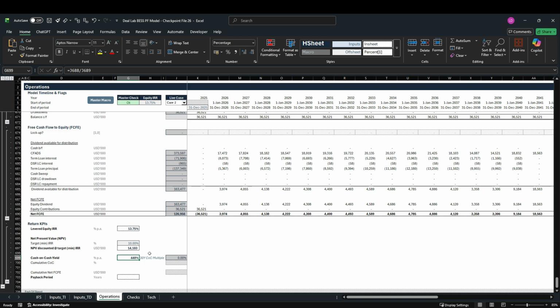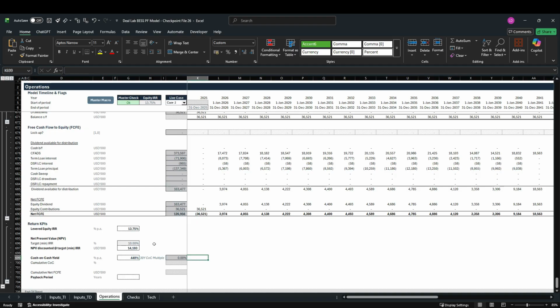So this is a pretty intuitive figure without considering any time value of money effects, and it helps to see the overall key returns more holistically, having some return metrics considering time value of money effects and others that don't. And this is our cash on cash multiple over the full asset life. In our case, here we consider 30 years of model timeline, but actually our asset life is only 20 years. So that pretty much just reflects what we get over a period of 20 years.